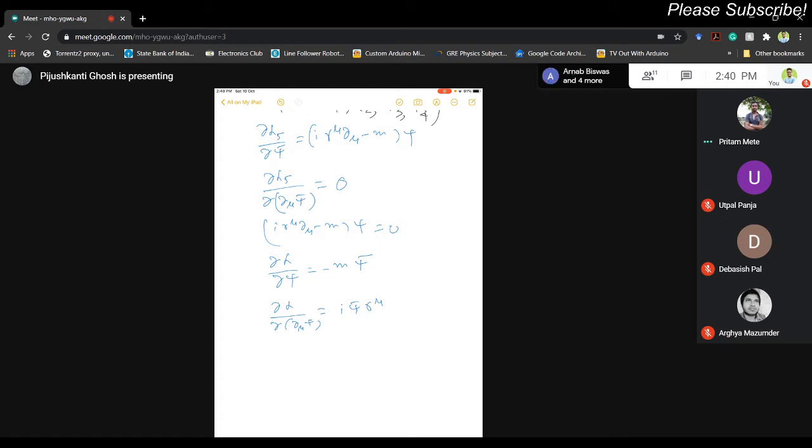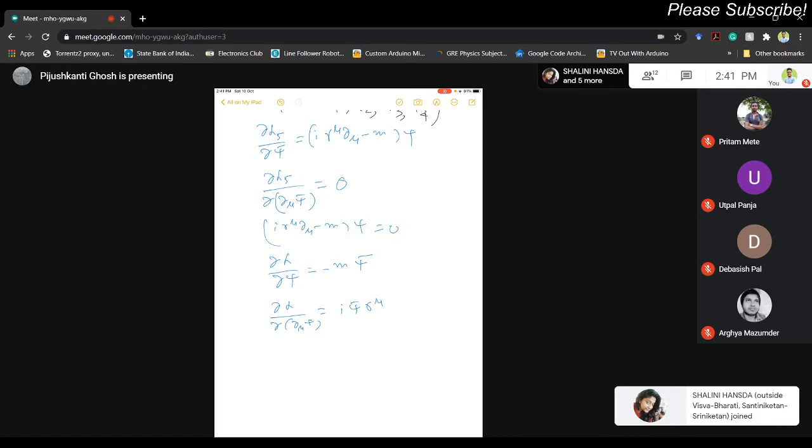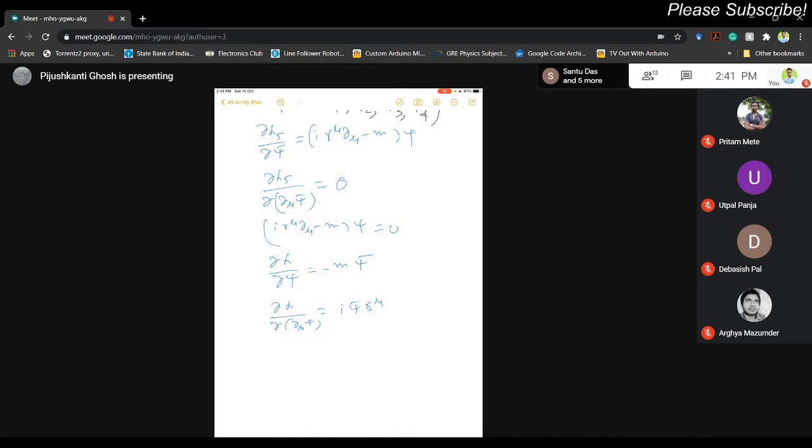Matrix multiplication is not commutative, so in general psi bar gamma mu is not equal to gamma mu psi bar. If you have two matrices, AB is not equal to BA.